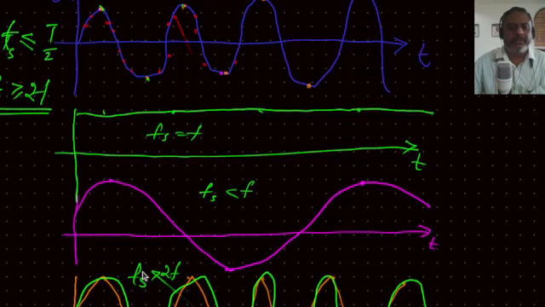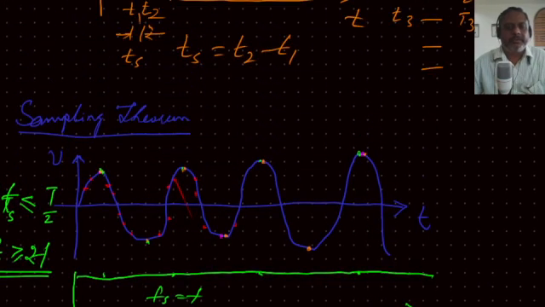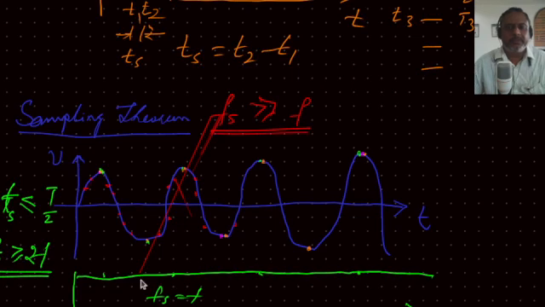So that's the sampling theorem. It says that the sampling frequency has to be very much bigger than the frequency used. Thank you.